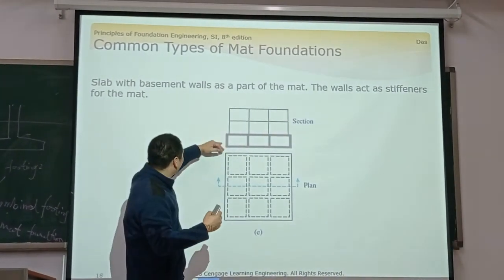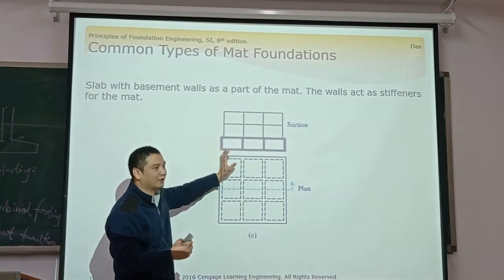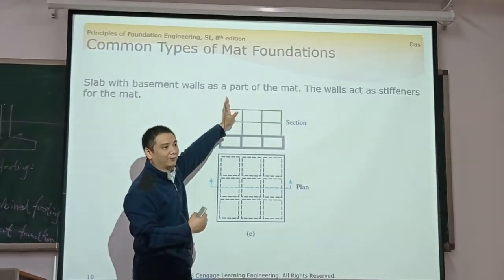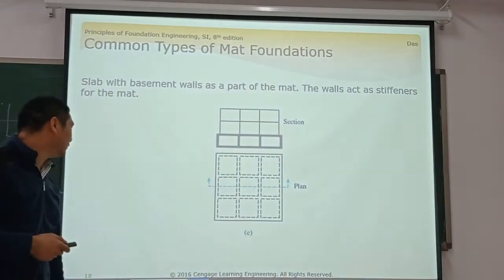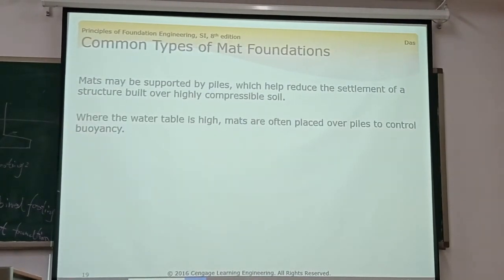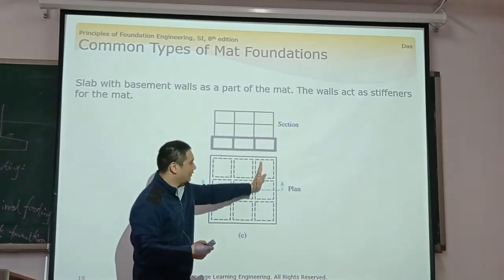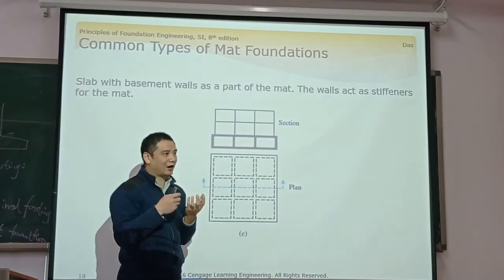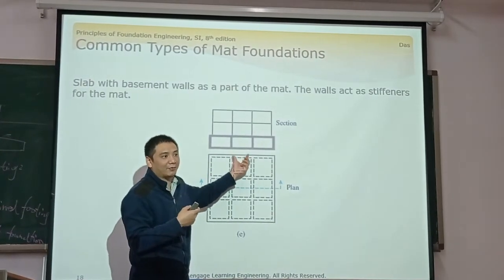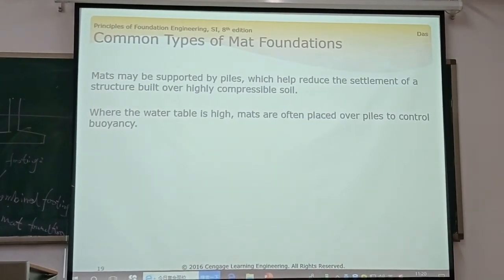So when the water table is at this place, how with the buoyancy, the foundation may go up. So then we can use piles to resist the tension of the buoyancy. Okay.